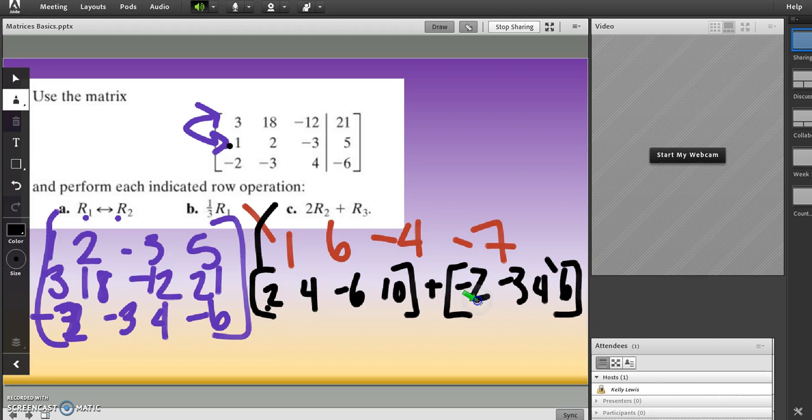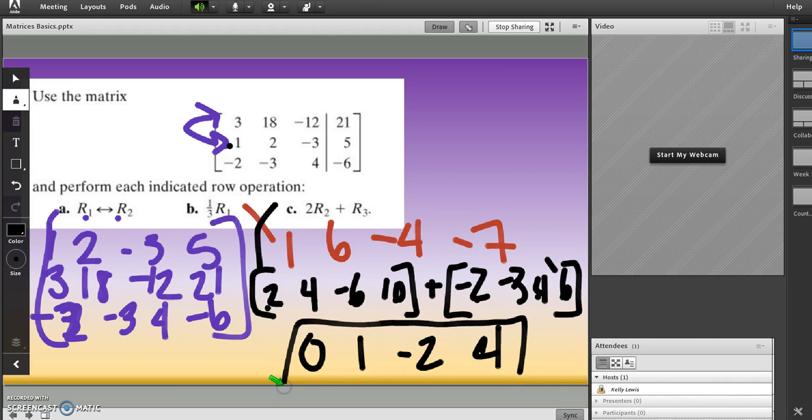All right, 2 plus -2 is 0. 4 plus -3 is 1. -6 and 4 is -2. 10 and -6 is 4. And so that's what our answer would be for 2 times row 2 plus row 3. Well, let's do some more like that because that can be kind of confusing.